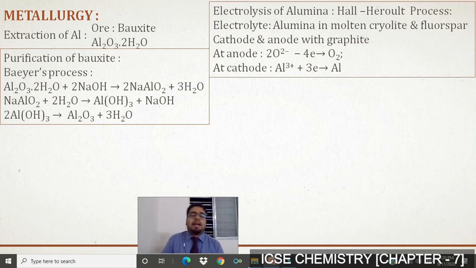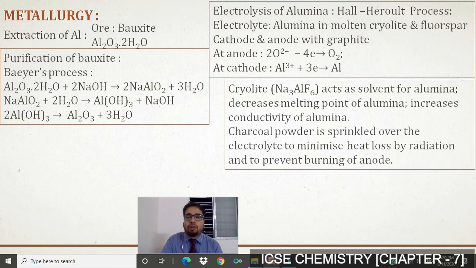So the electrolyte is not only Al2O3, but along with this Al2O3, cryolite and fluorspar are added, okay. And you can now easily read why cryolite is added. See, it is written cryolite, the formula is also given, Na3AlF6, okay, sodium aluminium fluoride, which acts as a solvent for alumina, okay.